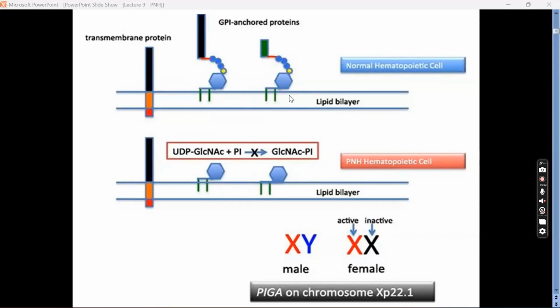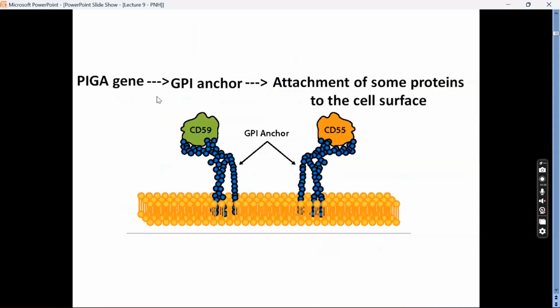So this is the pathogenesis of PNH. Another representation: the PIGA gene encodes for the GPI anchor, and this anchor is essential for the attachment of some proteins, like CD59 and CD55 on RBCs, to the cell surface. Now, if there is a mutation in the PIGA gene, this GPI anchor will not be there.